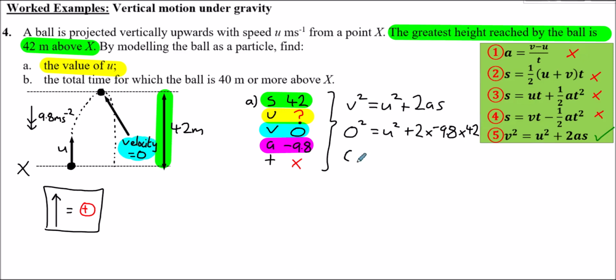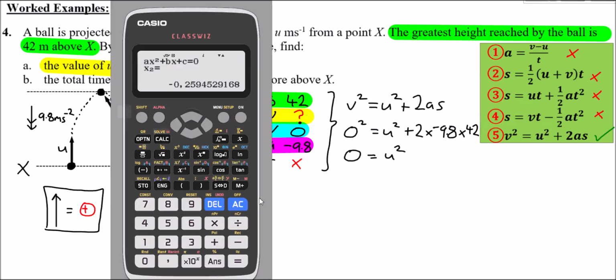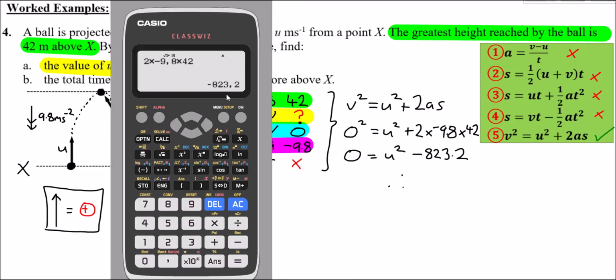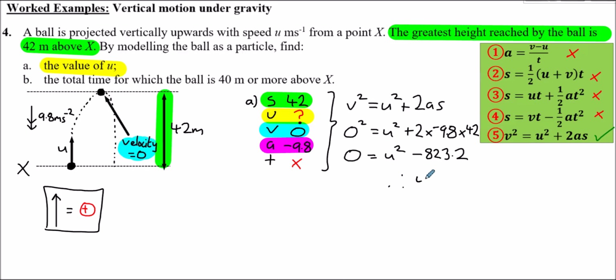So I'm going to just write this as 0 equals u squared minus something. Now if we get this on the calculator, 2 multiplied by minus 9.8 multiplied by 42, that gives us minus 823.2. So if we now add 823.2 to both sides and then square root, we'll get what u is equal to. u will be the square root of 823.2.